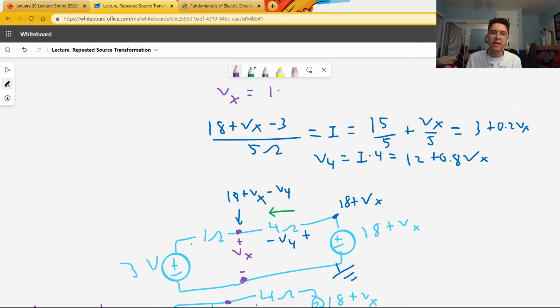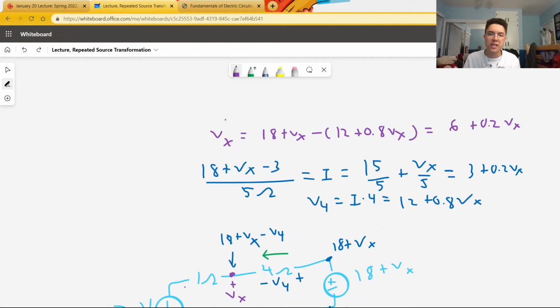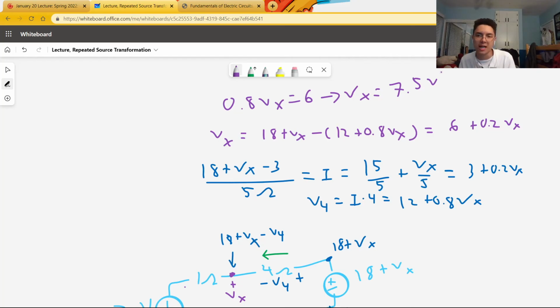Vx equals 18 plus Vx minus all of this, 12 plus 0.8 Vx, which gives us 6 plus 0.2 Vx. Then we subtract 0.2 Vx to get that 0.8 Vx is equal to 6, and therefore Vx equals 7.5 volts. You see that we've gotten it right both times.